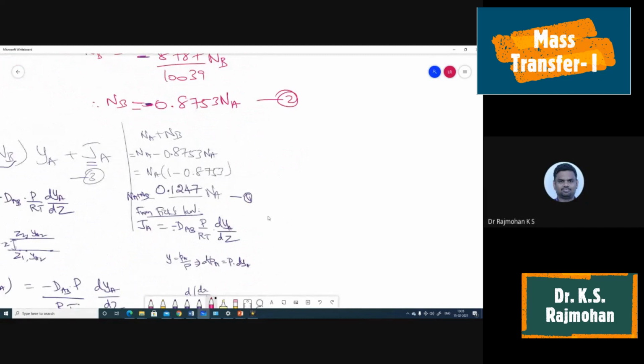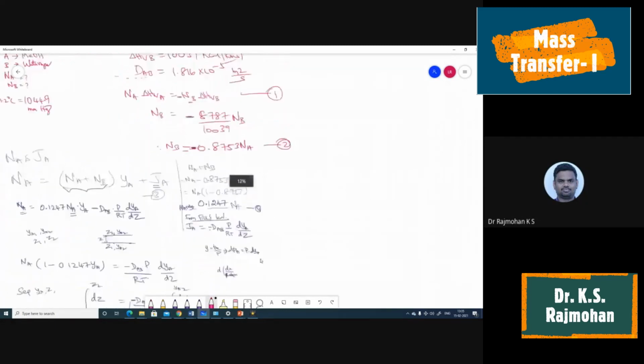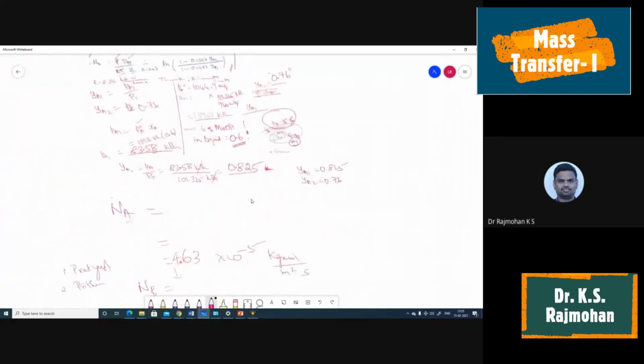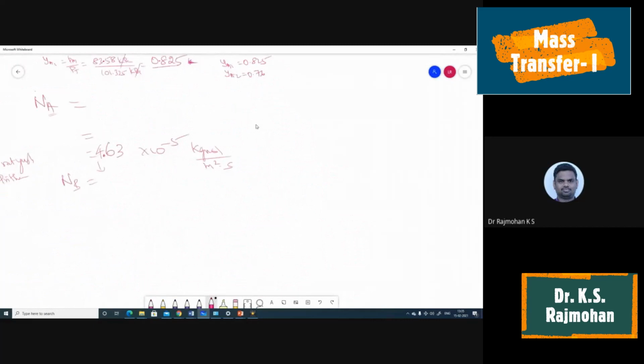Direction is opposite, so that is the significance of the minus sign here. How much is the NB value? 4.053 into 10 power minus 5.